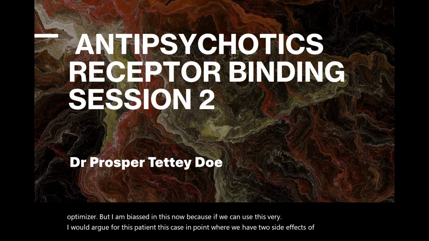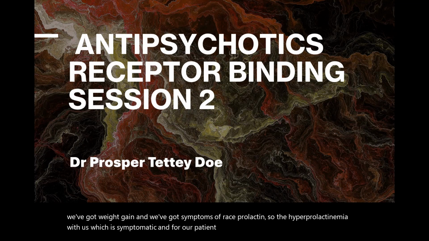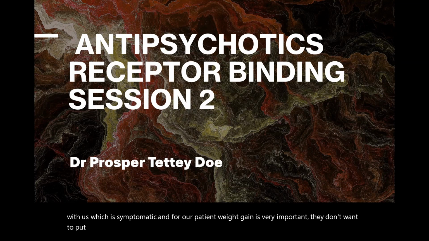We've got weight gain and we've got symptoms of raised prolactin, so hyperprolactinemia which is symptomatic. And for our patient, weight gain is very important. They don't want to put on weight, but actually it's the periods stopping which is a real worry for them.